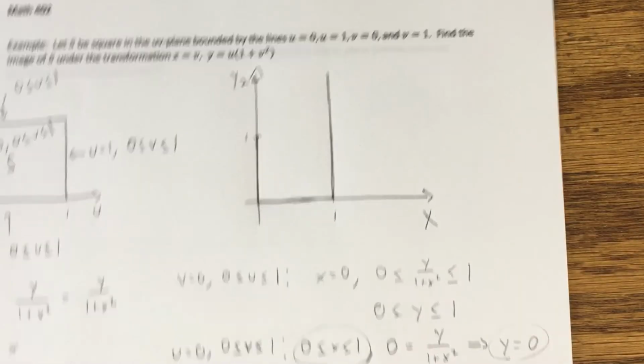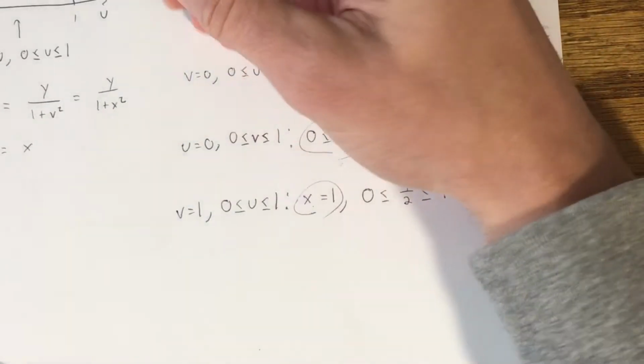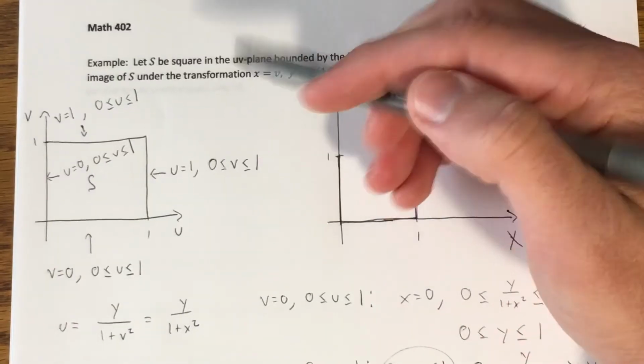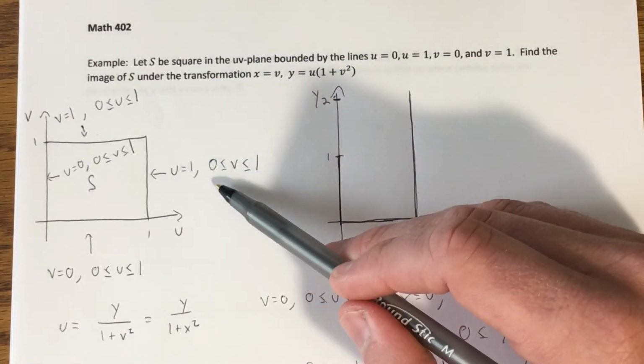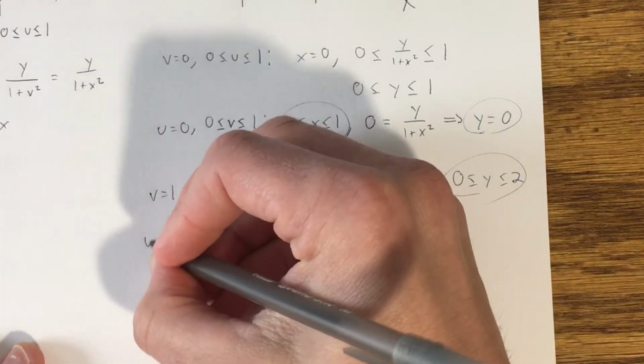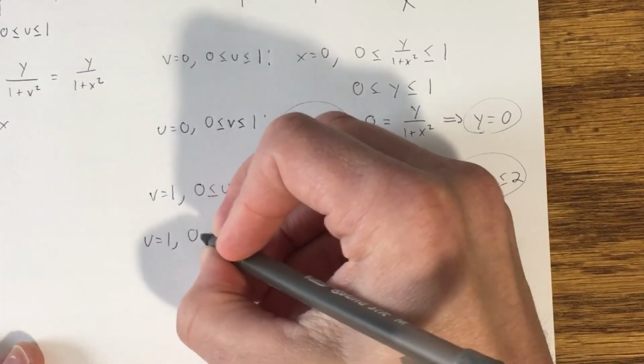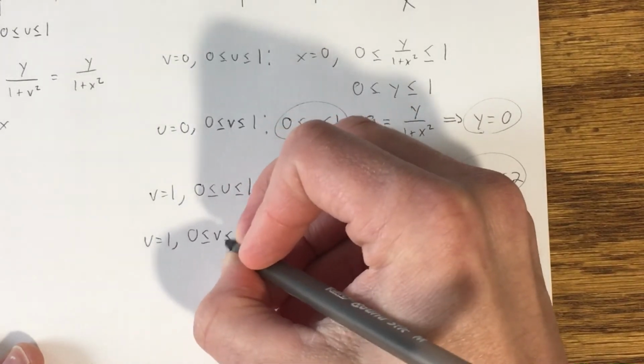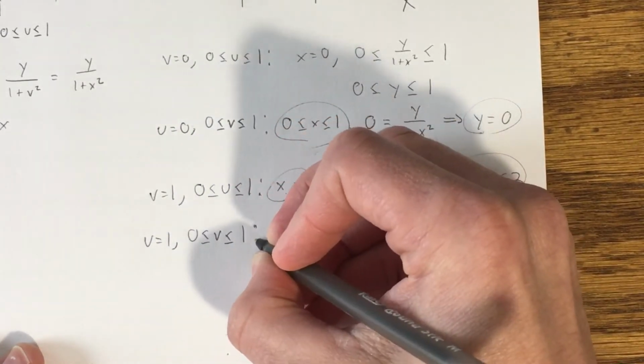Okay? Finally, we have to deal with this last edge right here, where U is equal to 1 and V is between 0 and 1. So if U equals 1, V is between 0 and 1.